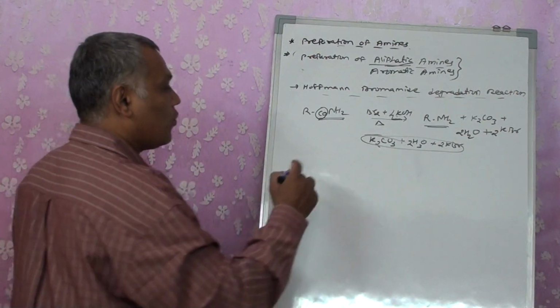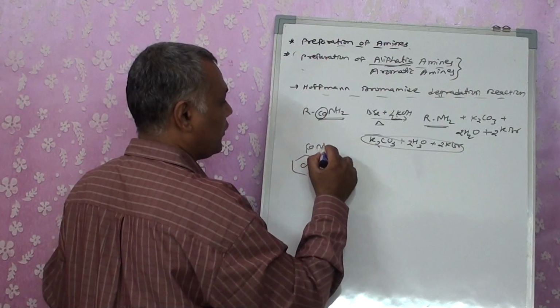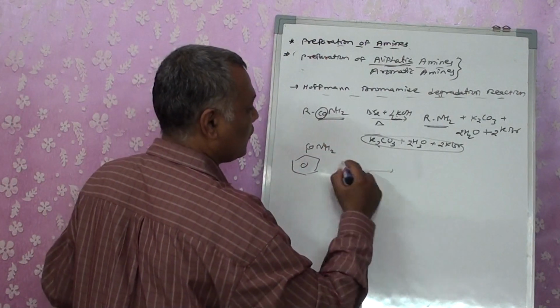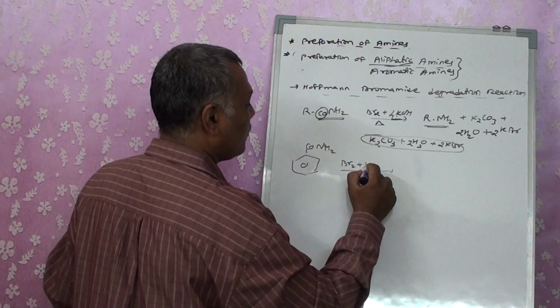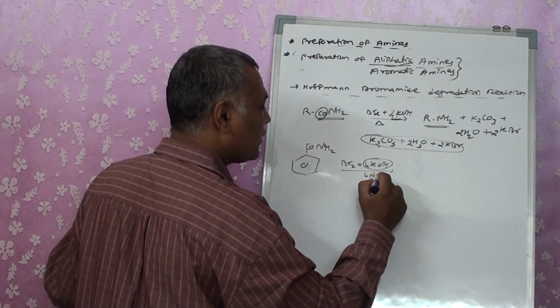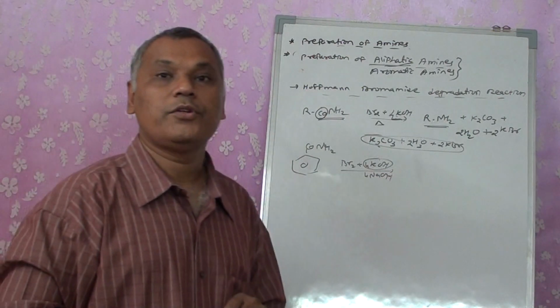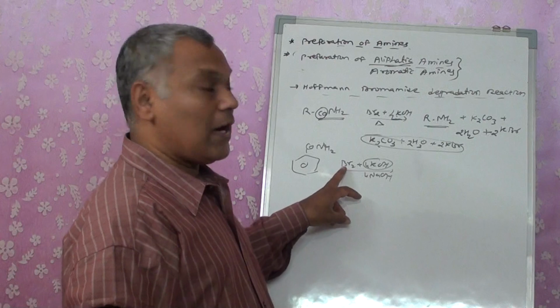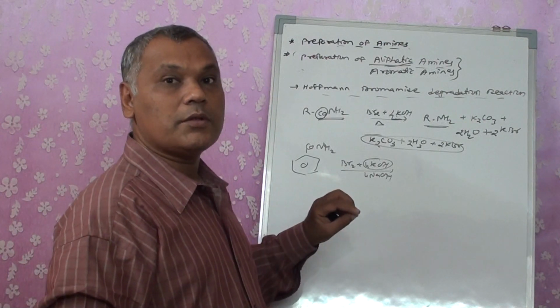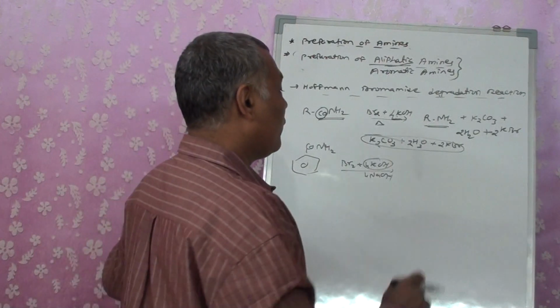Right? I can do it for an aromatic compound also. CONH2, Br2, KOH. Now in place of KOH, you can also use NaOH, any alkaline solution, alkaline bromine solution. In place of KOH, this time I am going to write NaOH. What will be the change?